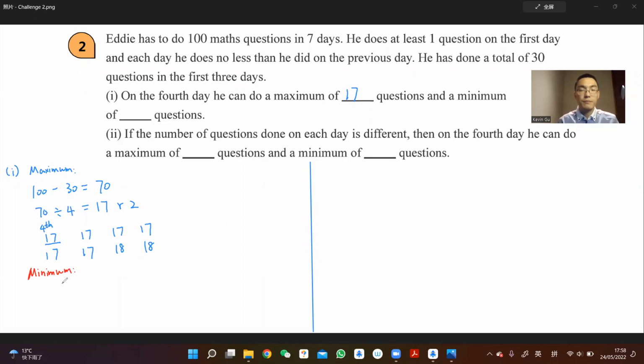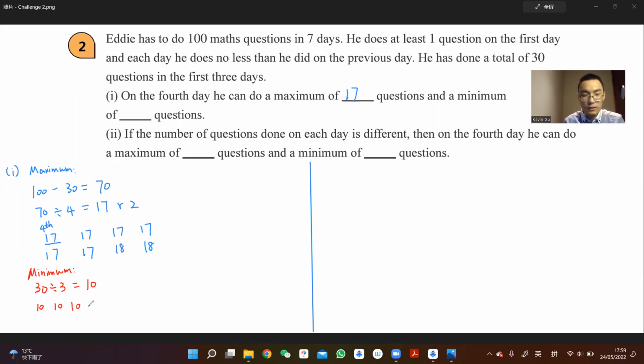So for minimum, what we want is the number of questions done on the first 3 days to be as equal to each other as possible. And in this case, very fortunately, they can be equal because it's no less, remember? So 30 divided by 3 is 10. So 10 questions equal in the first 3 days. 10, 10, 10. And also no less.